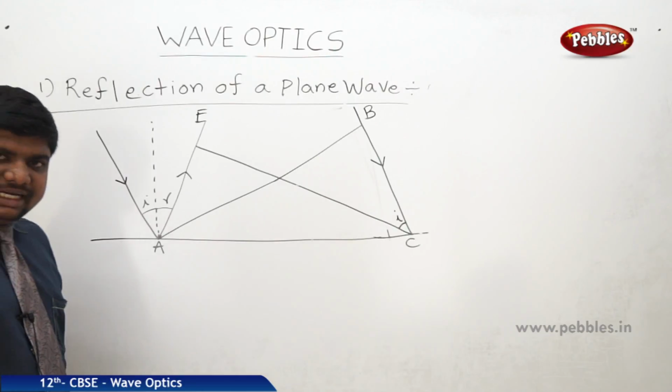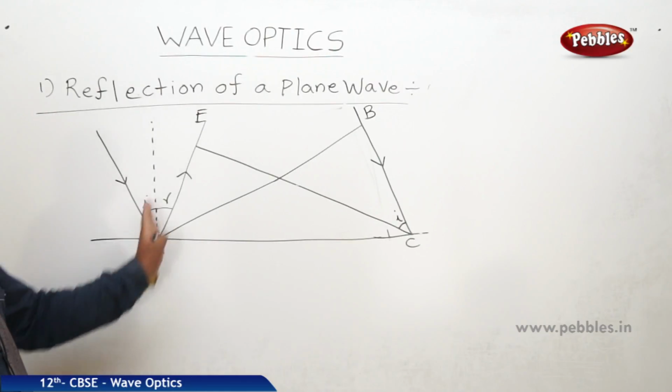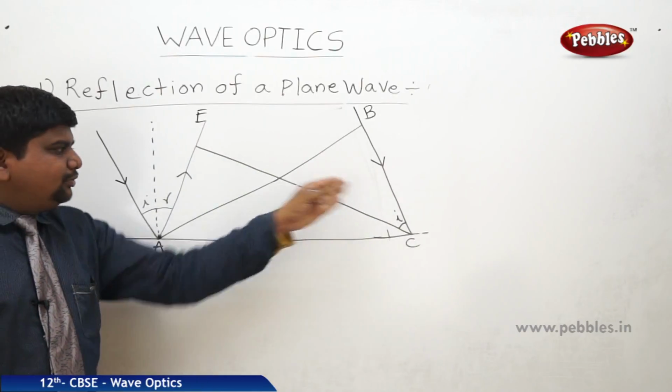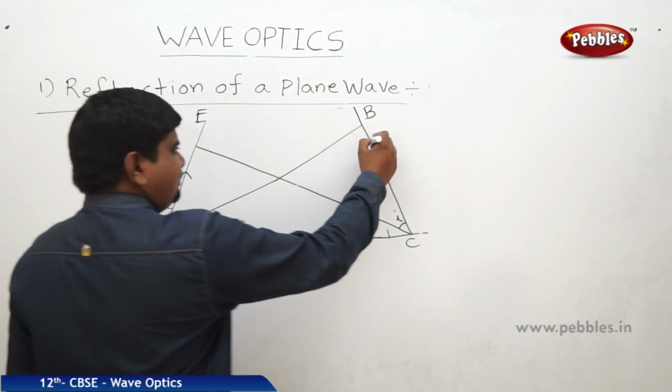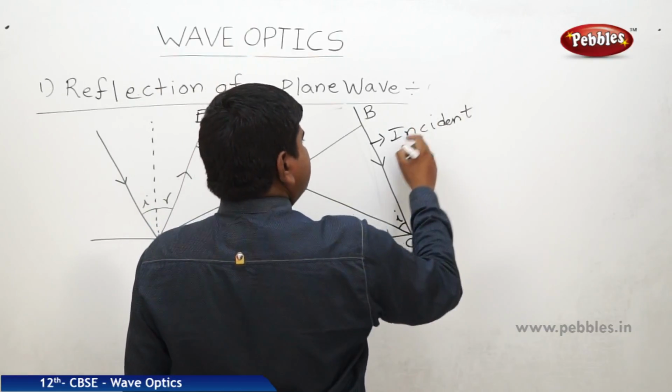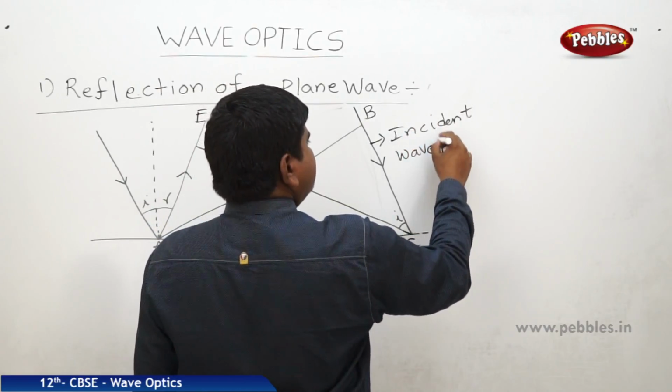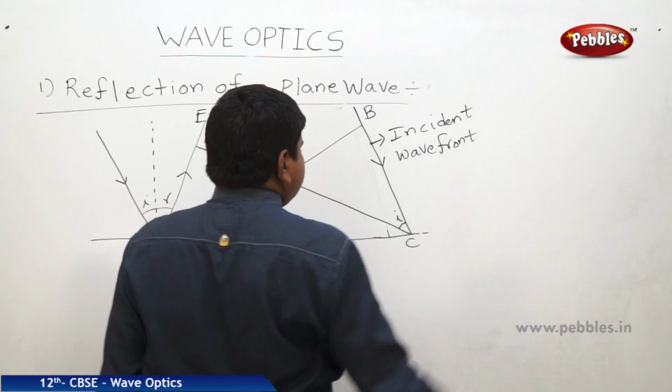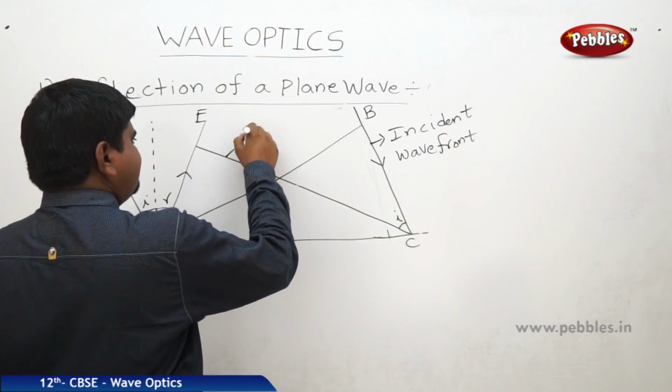So what we can understand in this case is, this is the incident wave, and to understand this phenomenon we draw this wavefront. This is the incident wavefront. So this is the reflected wavefront.